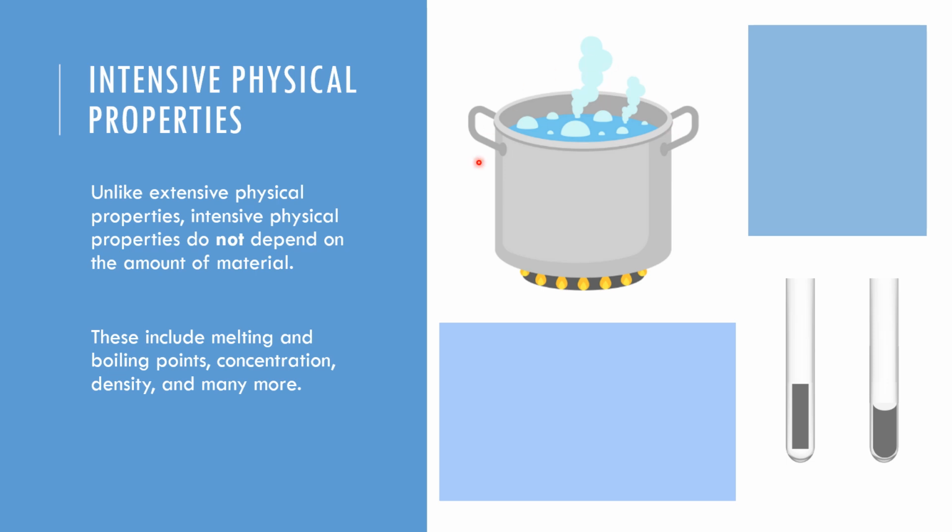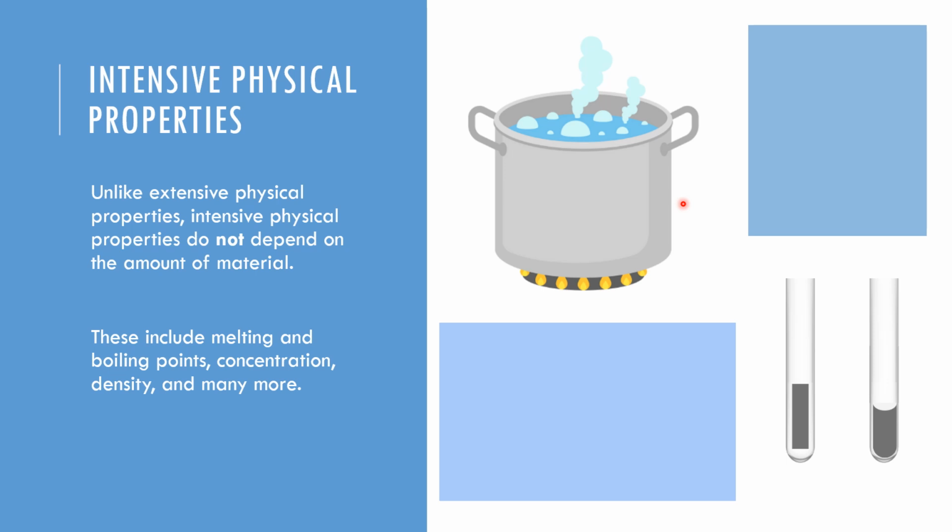I have a little picture here of some water boiling. Now, it doesn't matter how much water you have. Water will always boil at the same temperature. Now, generally we say that water boils at 100 degrees Celsius. This does depend on certain things like pressure though. So in the case of water boiling at 100 degrees Celsius, that is at 1 atmosphere of pressure.